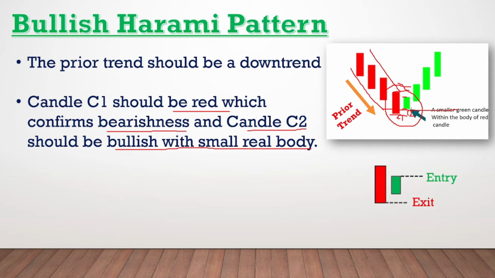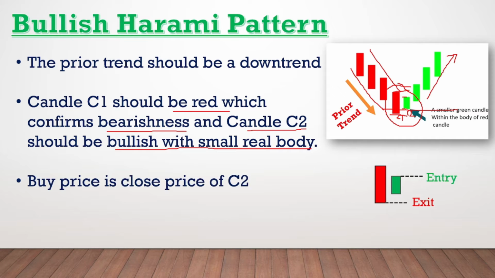If you clearly notice, candle C2's real body is within the real body of C1, which satisfies the bullish Harami pattern. So we expect the market to go to higher levels from here.